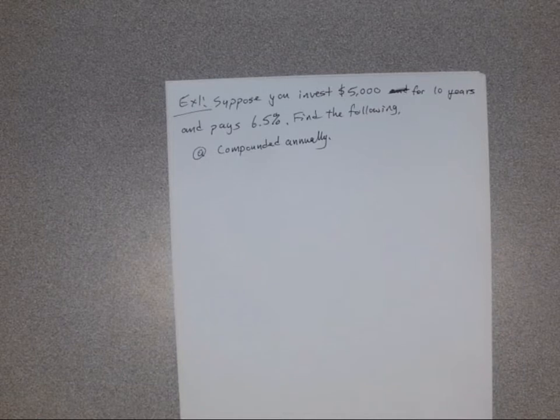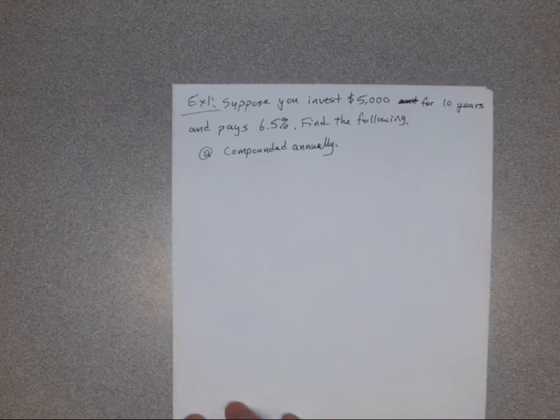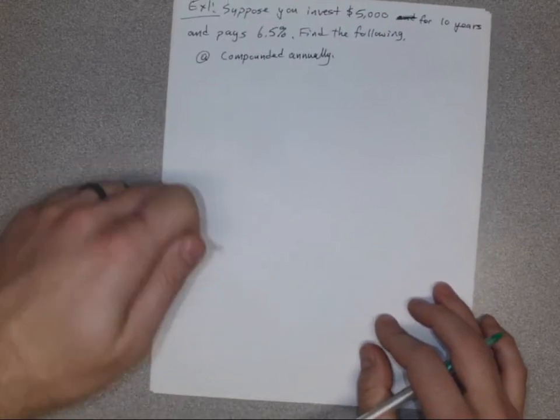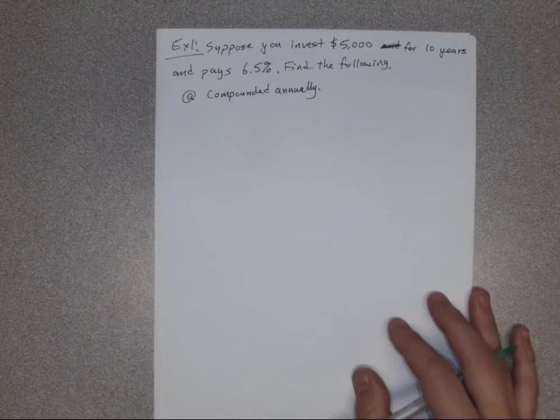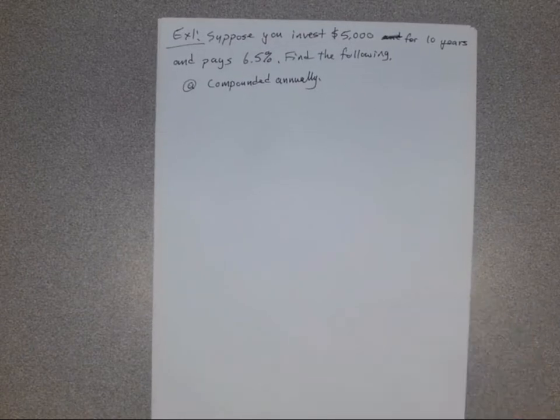It means one time a year. If you're compounding quarterly, that means there's 4. If you're compounding monthly, how many months are there in a year? 12. So that's how you figure out how many times you're compounding.